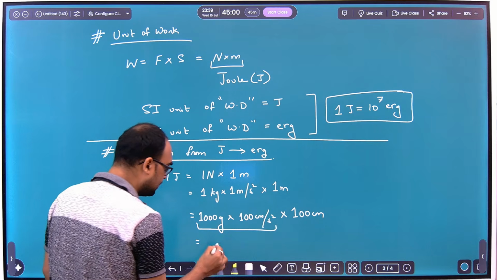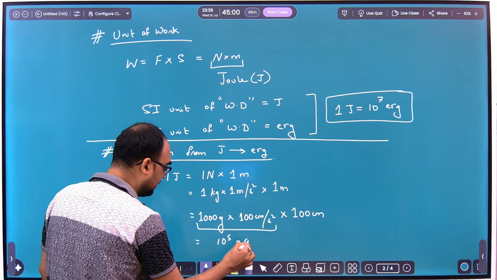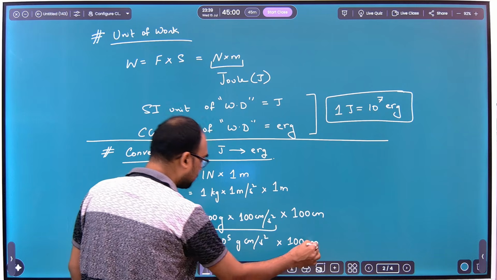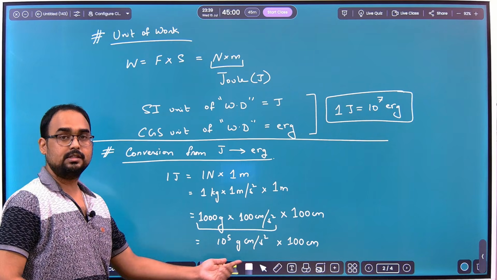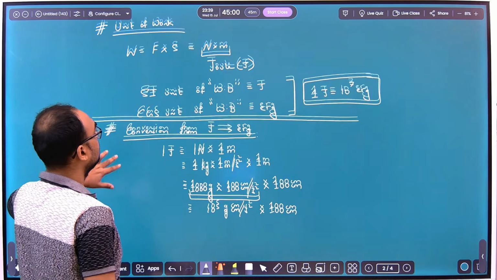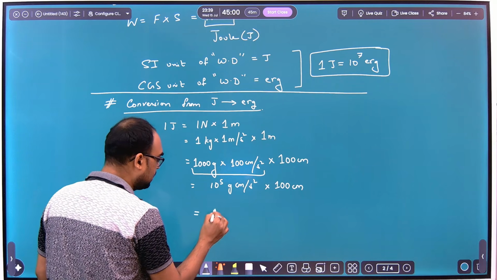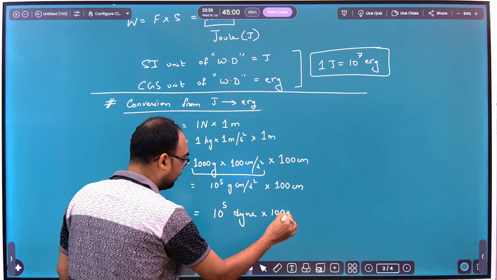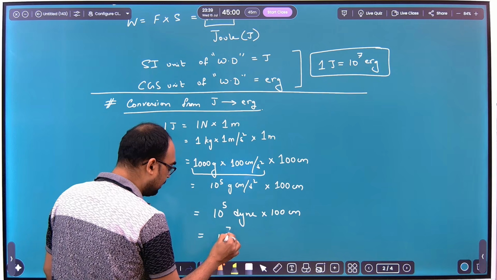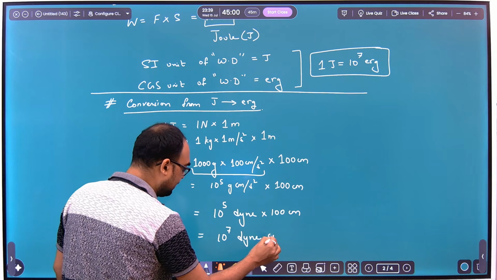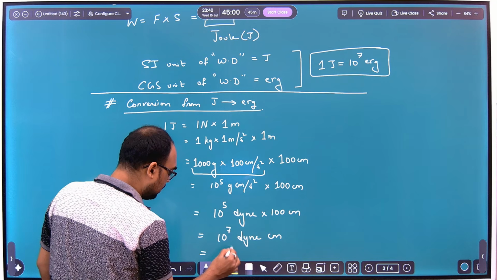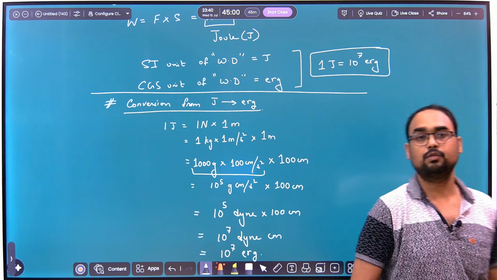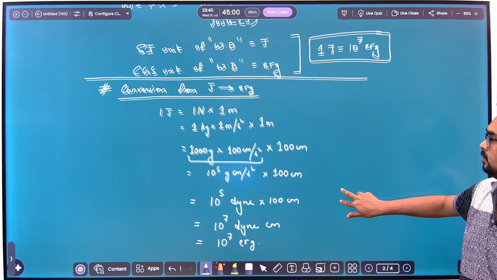This is 10 to the power 5 gram centimeter per second square into 100 centimeter. This is your dyne. So this is 10 to the power 5 dyne into 100 centimeter, and then it's 10 to the power 7 dyne centimeter, which is equal to 10 to the power 7 erg. That is the complete conversion from joule to erg.